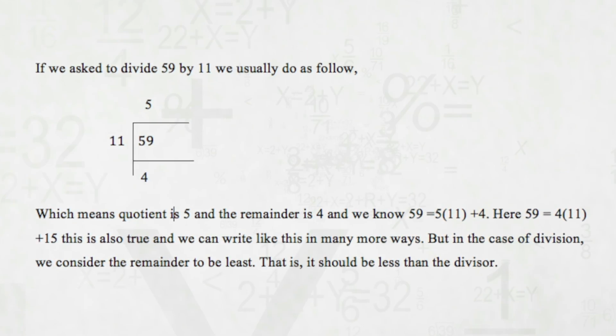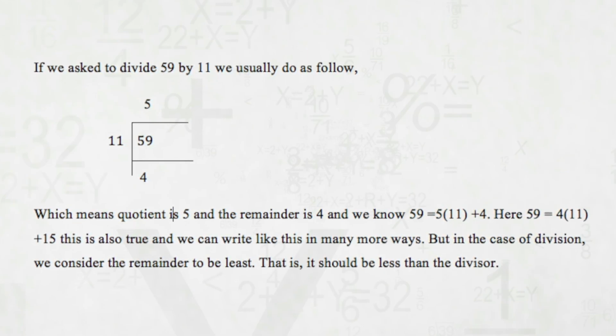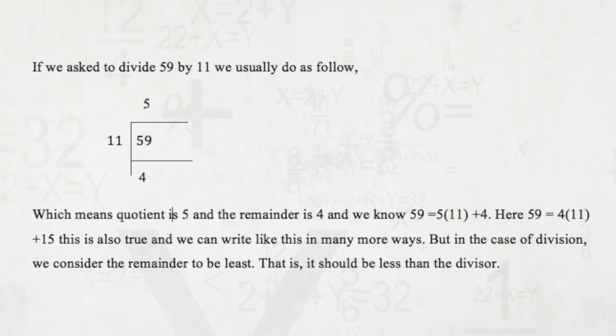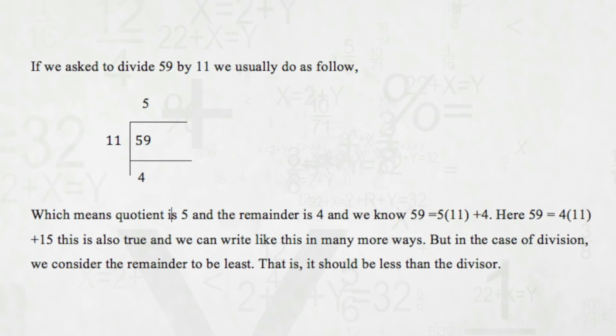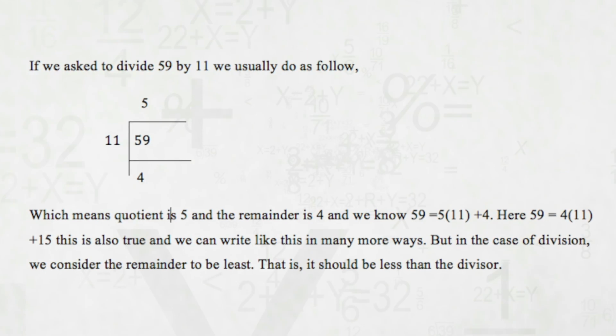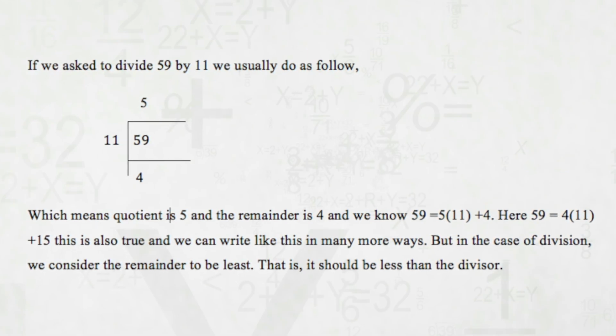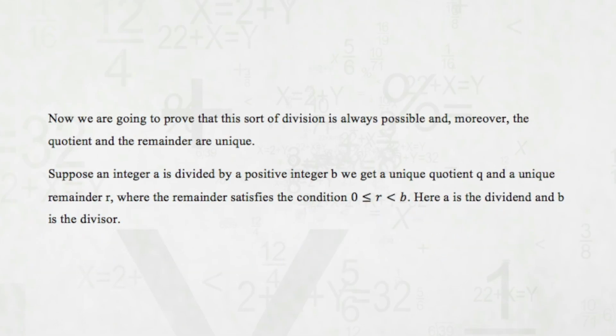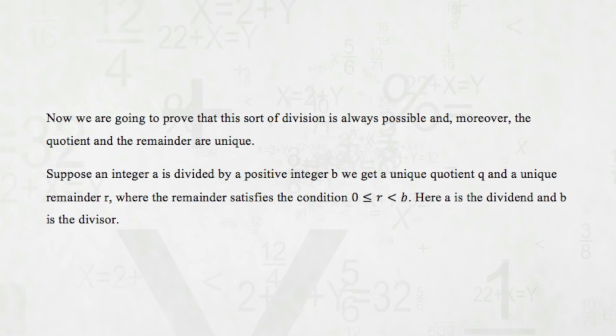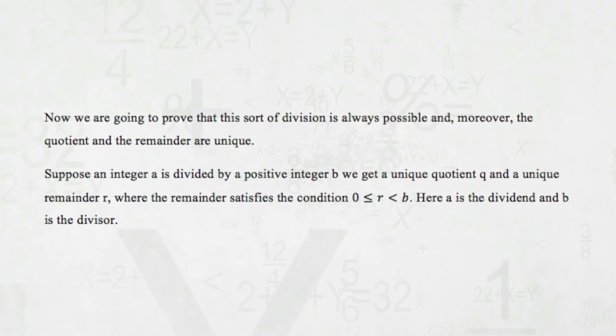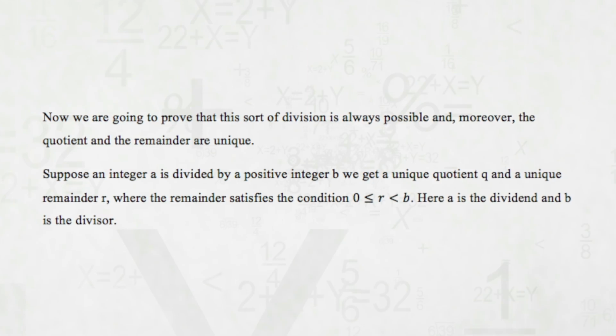This is also true, and we can write like this in many more ways. But in the case of division, we consider the remainder to be the least, that is, it should be less than the divisor. Now, we are going to prove that this sort of division is always possible, and moreover, the quotient and the remainder are unique.